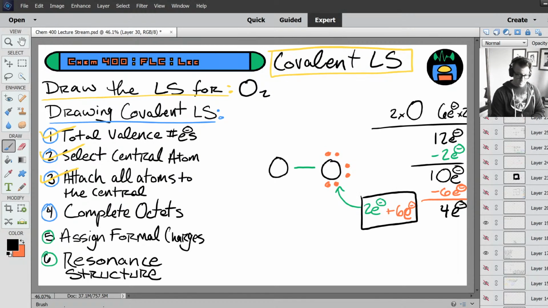There we go. Now let's look at our other oxygen right here. It has 2 electrons, which is great. For it to have a complete octet, we need to add 6, but here's where you need to be careful, because you'll notice that there are only 4 electrons left in the budget.